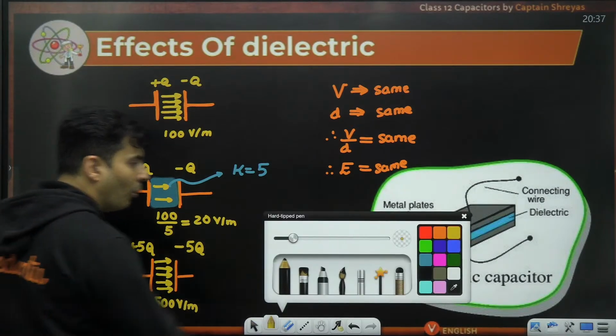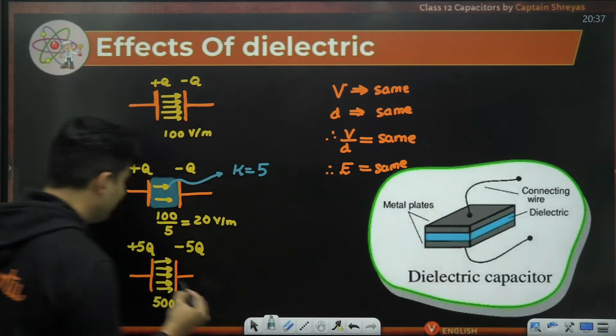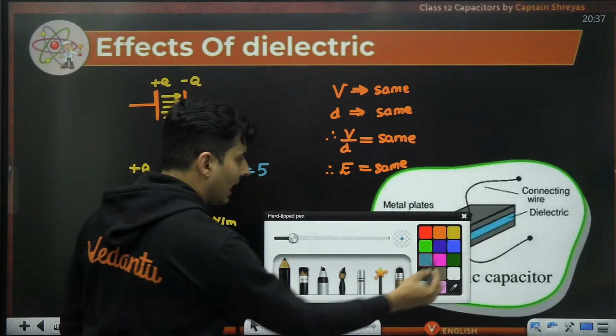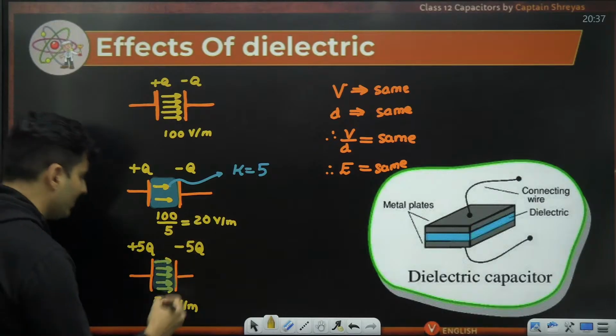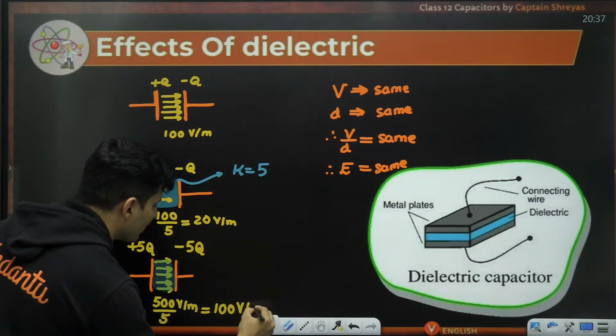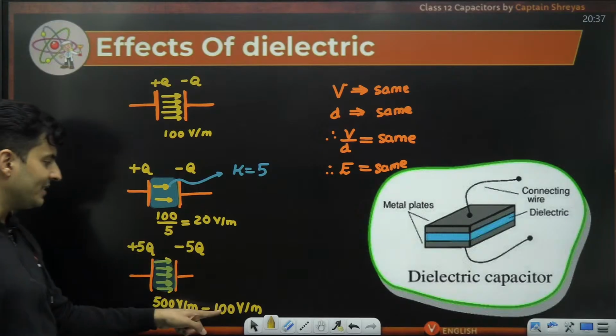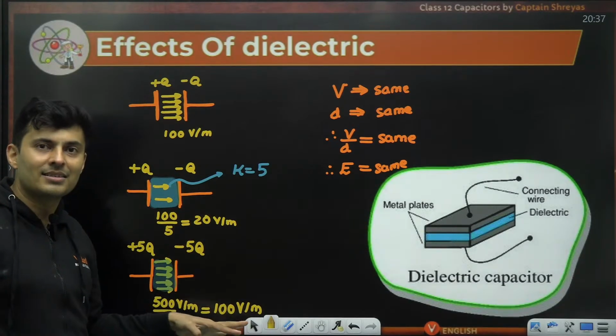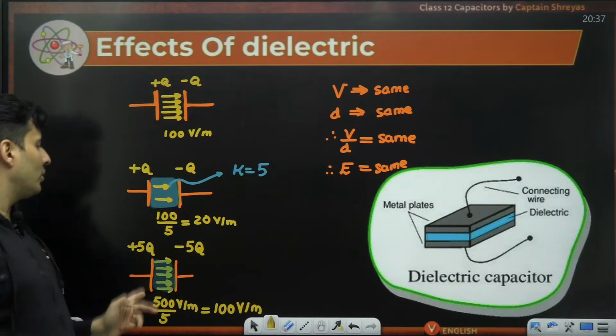But the moment I add that dielectric medium, what will happen? It has to reduce by K times, K over here is 5. So now it will become 100 volts per meter. So the field has not changed. That's what you feel. But actually it has decreased because more charge now is stored.